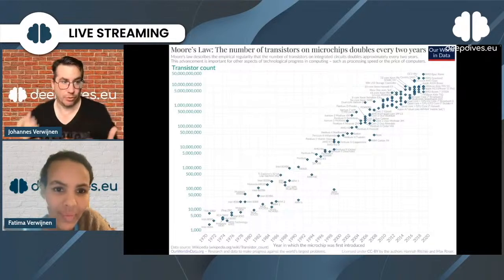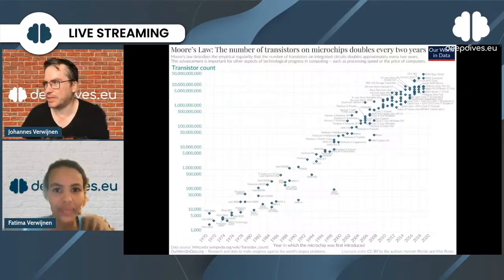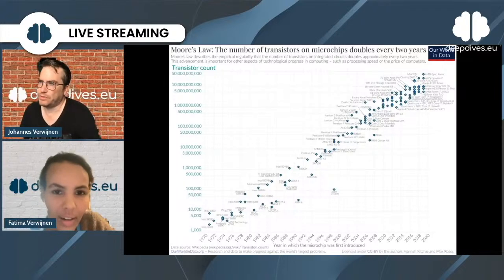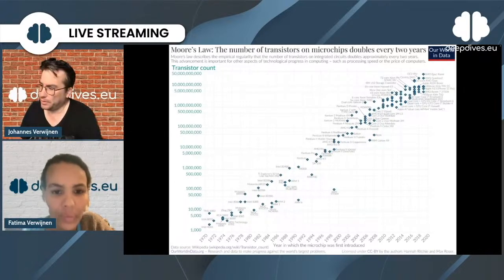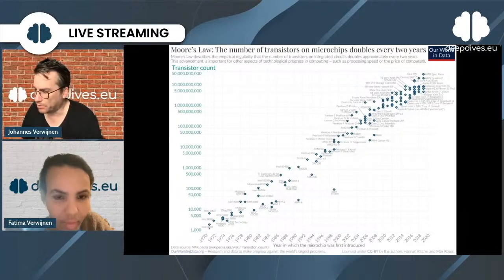We're comparing apples to oranges, right? But the reason why I'm showing you this picture is that it shows the number of transistors on a microchip during different years. We have the Intel 4004 down here at the bottom left, the one we talked about being the first mass-produced microchip.